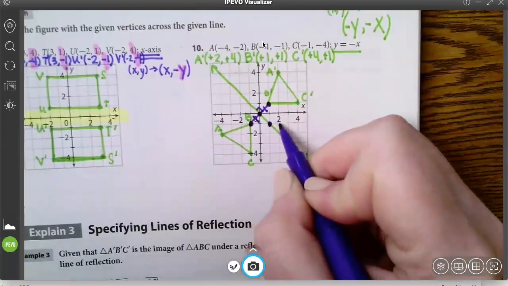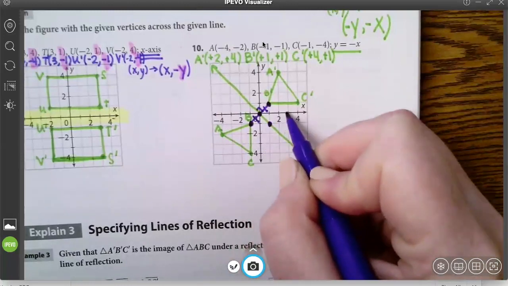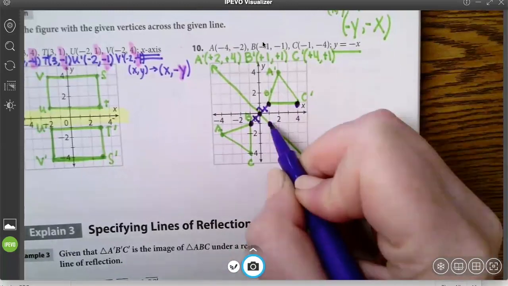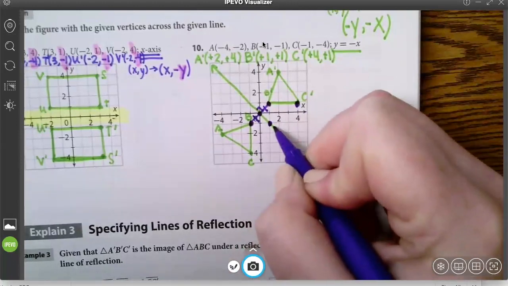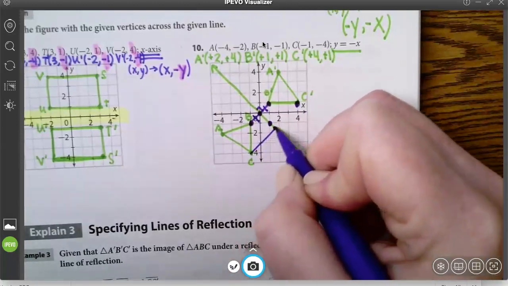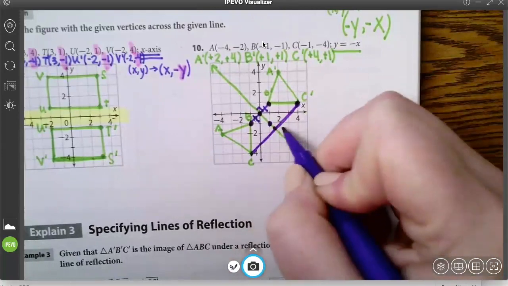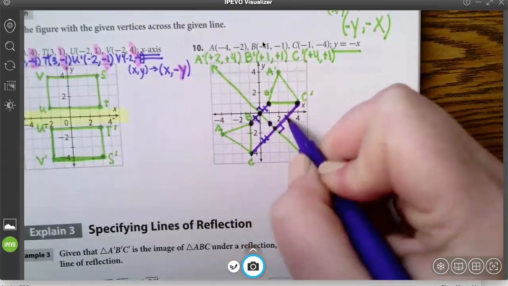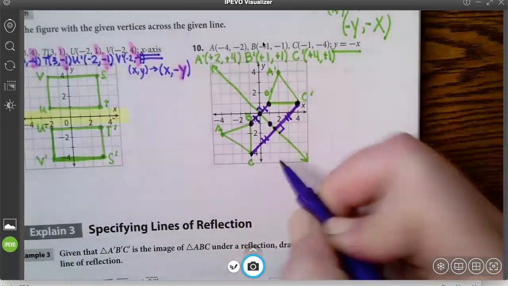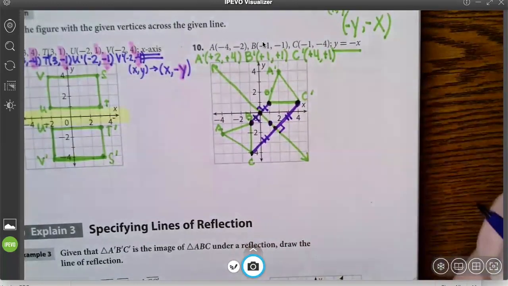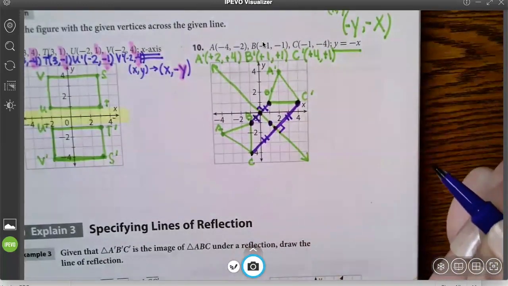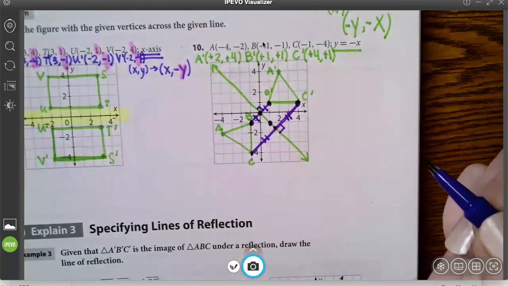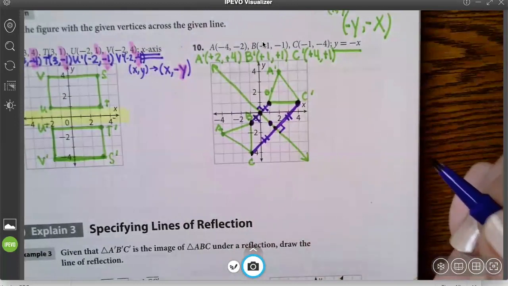So there's the rest of the half, and then 1, and then 2. This is too high. It's going to go right there. So it's perpendicular. It's a bisector because we did the same number of slope counts on either side. And that is how we make a reflection across a specified line.